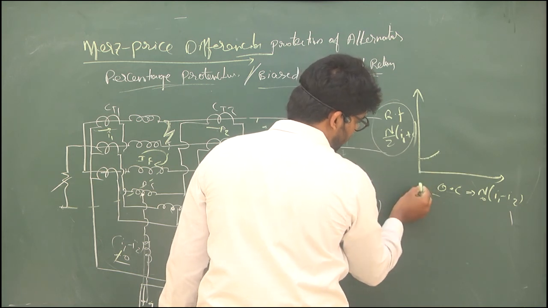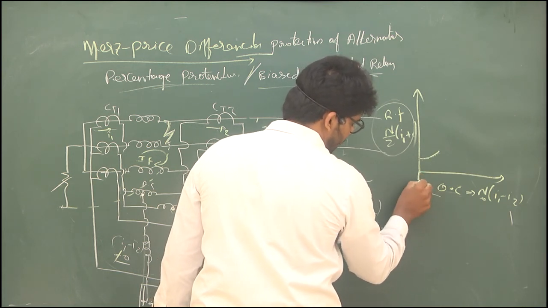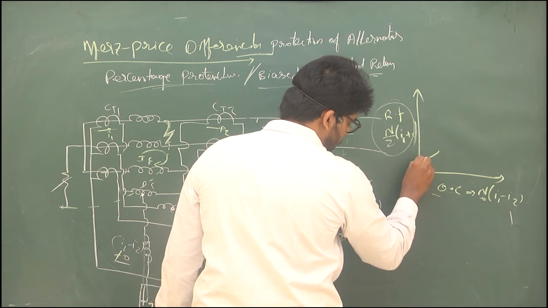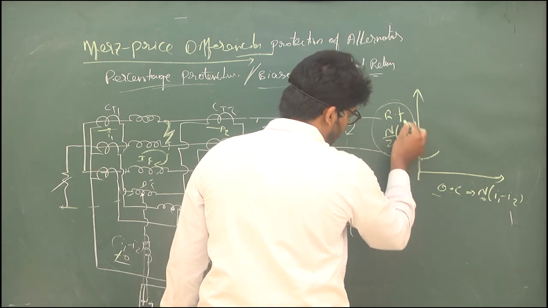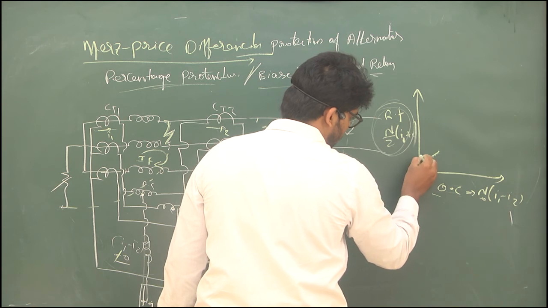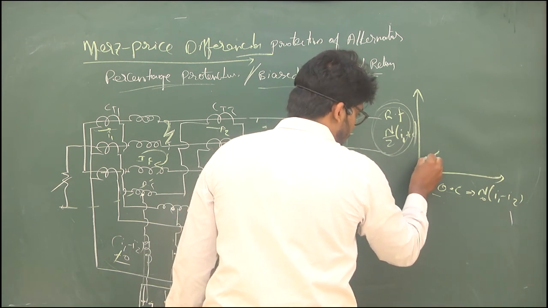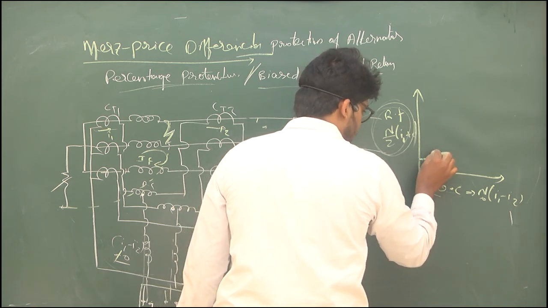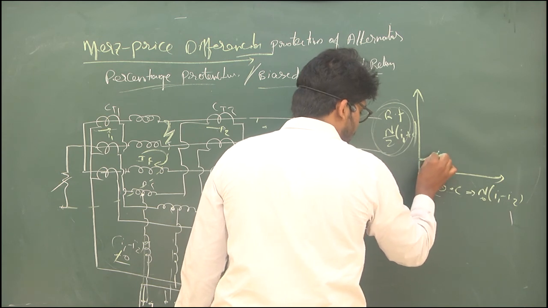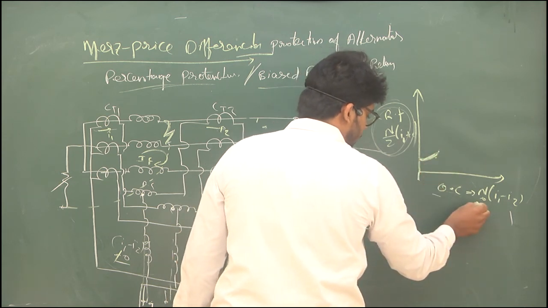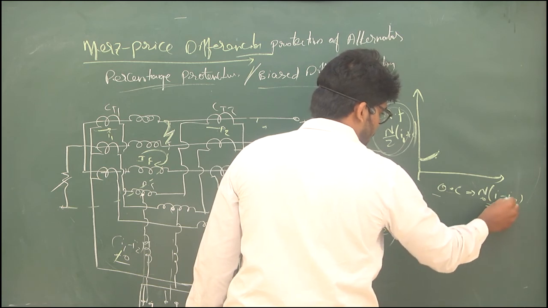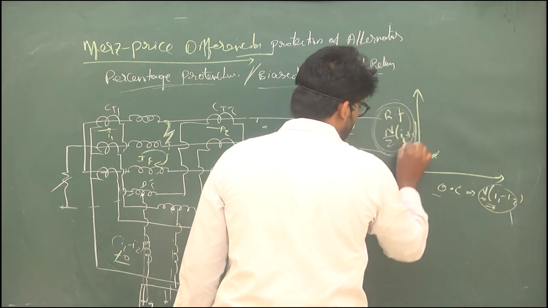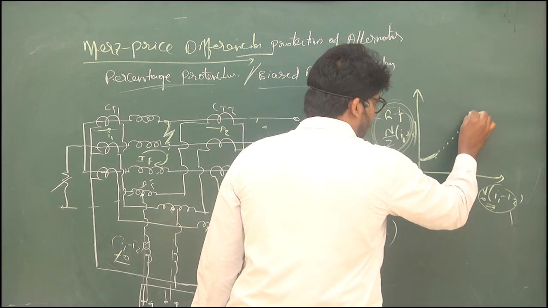At this point, the operating coil force is less. Initially the restriking force is provided by the spring, so in the initial stages the coil will not operate. But when the current increases, this force will be equal to this force, drawn like this.